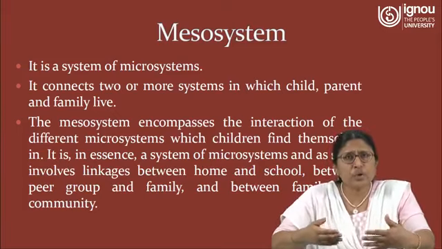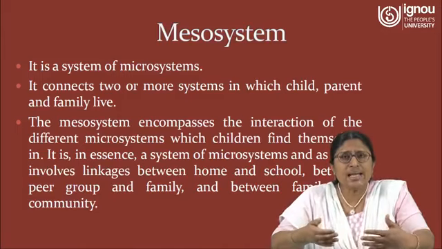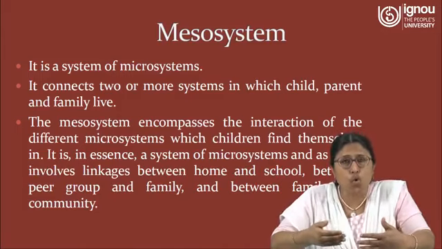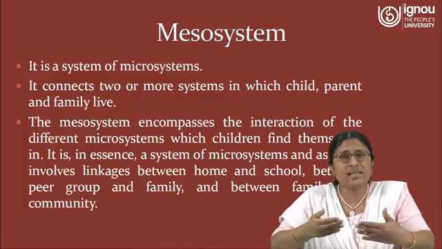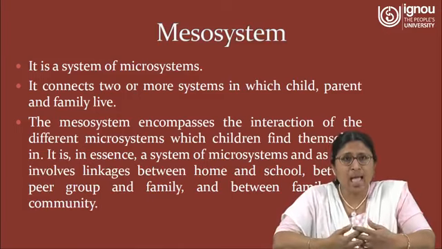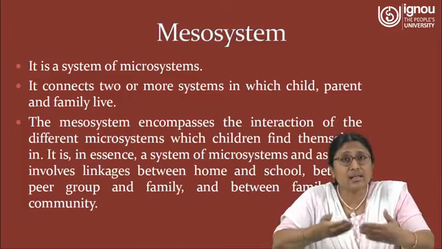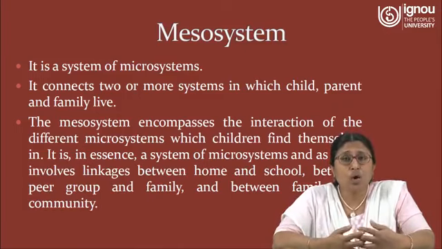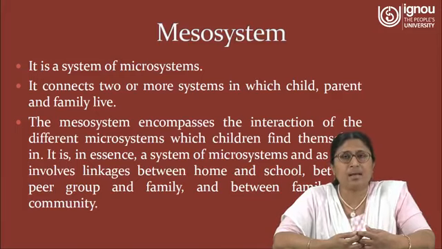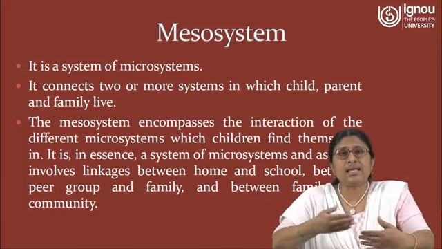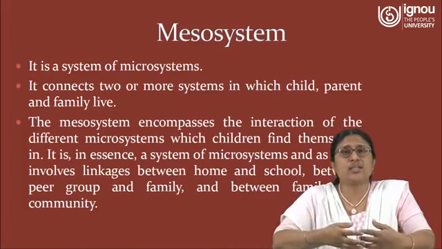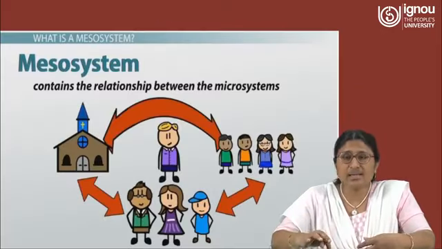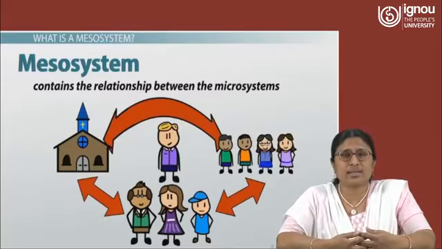So, we have to look at how the linkage is taking place at home, and from home it extends to the school, and within the school, how the linkage takes place between the peer group and the family, and from the family it is extended towards the community. That is an important aspect in the Meso System.